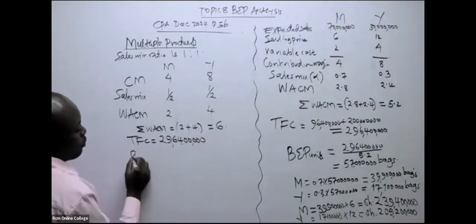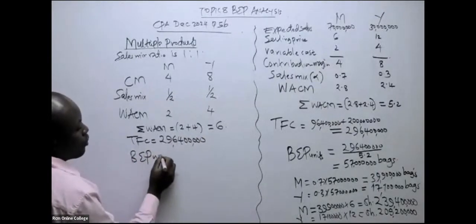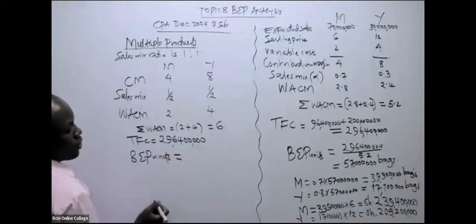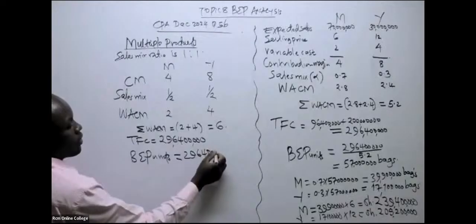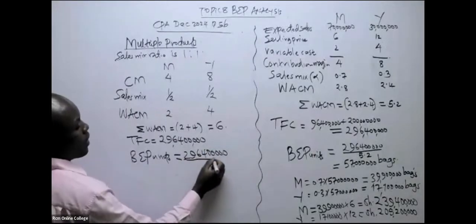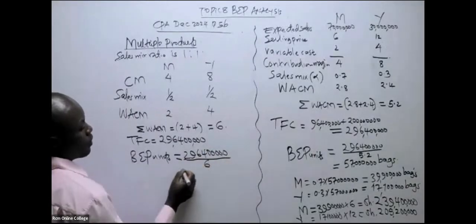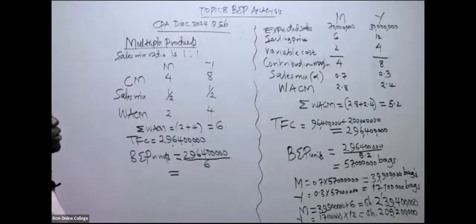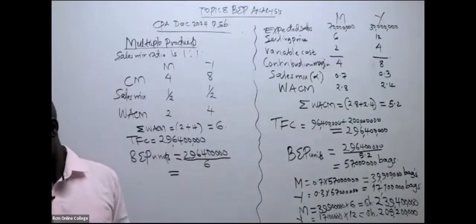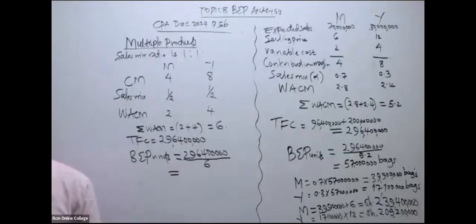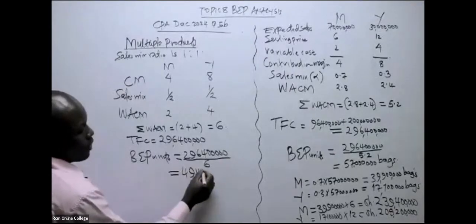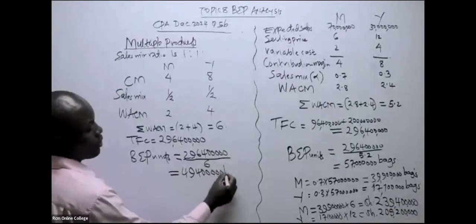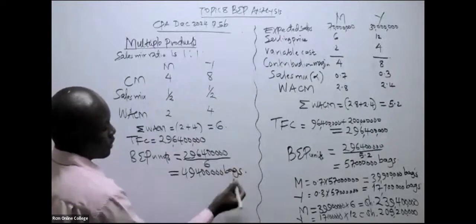What is my break-even point in units? Total fixed cost 296,400,000 divided by 6. What is my break-even point in units? 49,400,000 bags.